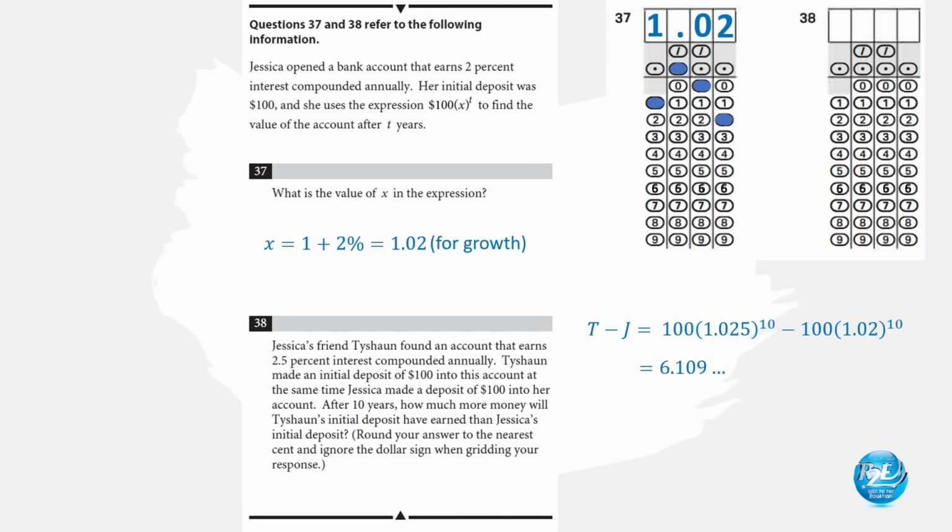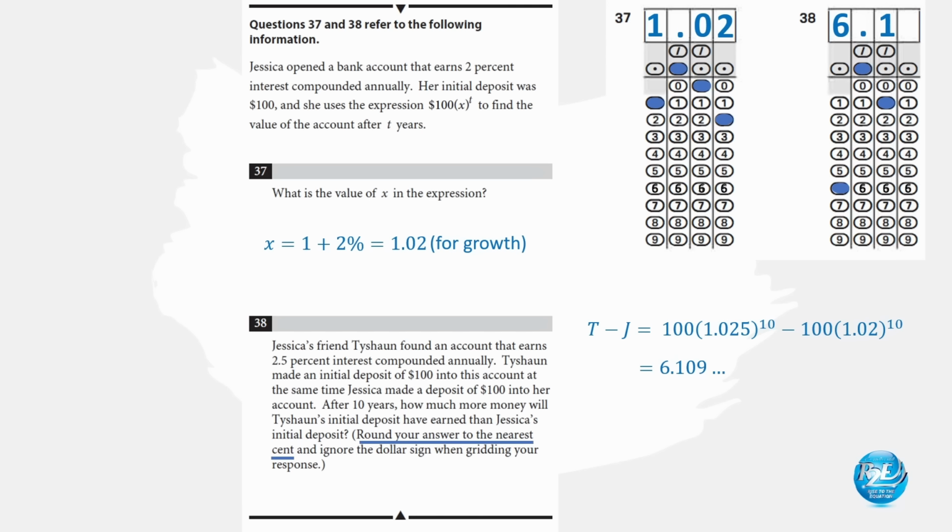Popping that into your calculator gets you a value of 6.109, so we can record that in our bubble sheet as 6.1, right? Wrong. Did we forget to underline something in the question? You bet. Round your answer to the nearest cent. We thought our answer would be fine to record as 6.1 since it's basically close enough.